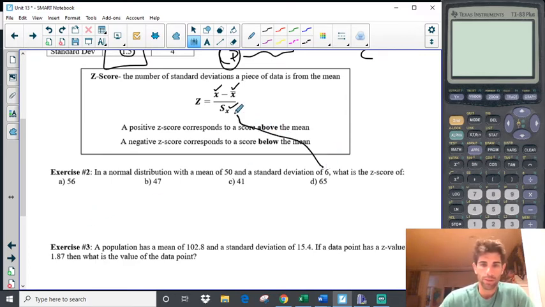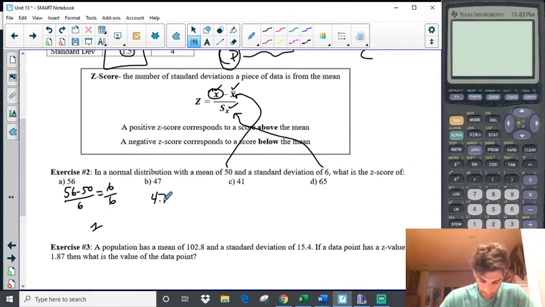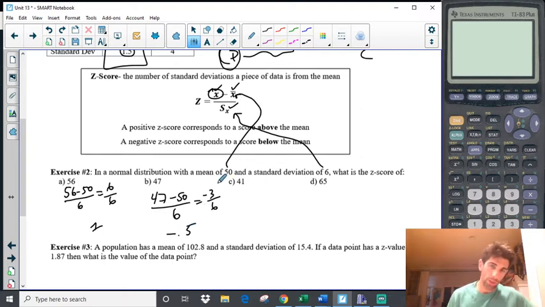The first score is 56, so it's 56 minus 50 divided by 6. 6 divided by 6 is 1, which means you're 1 standard deviation away. Next is 47 minus 50 divided by 6. That's negative 3 over 6, which is negative 0.5. So you're below the mean, that's why it's negative, by half of a standard deviation.